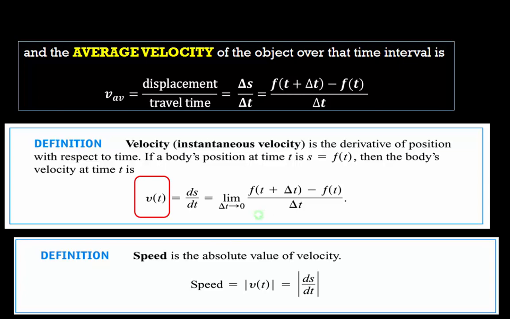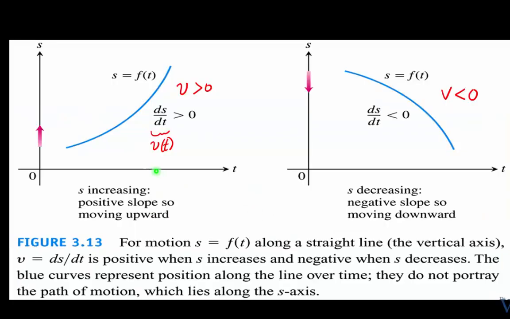Okay? Right. So figure 3.13, for motion s along a straight line: when s is increasing, that means it's changing its position. So let's say this is the distance traveled, and it's moving in this direction. These are the different positions over the time interval.